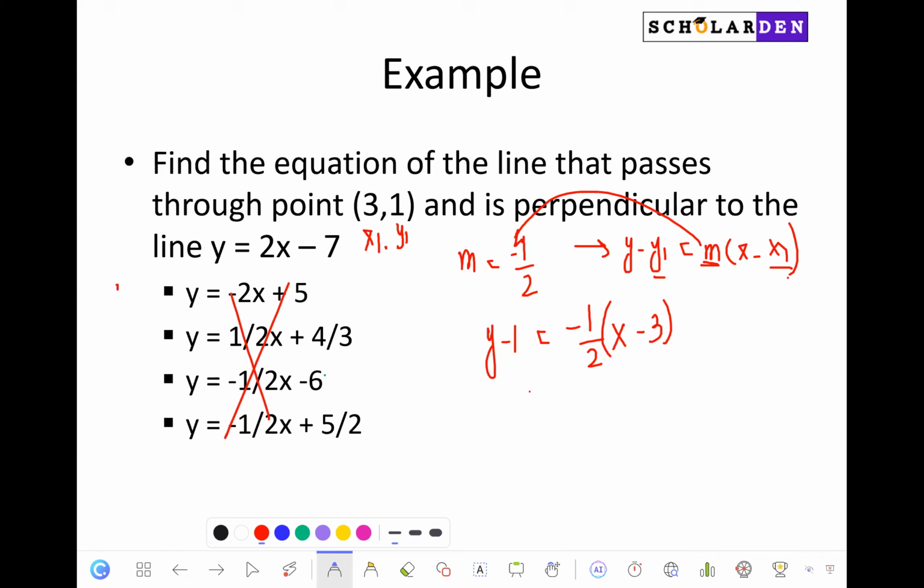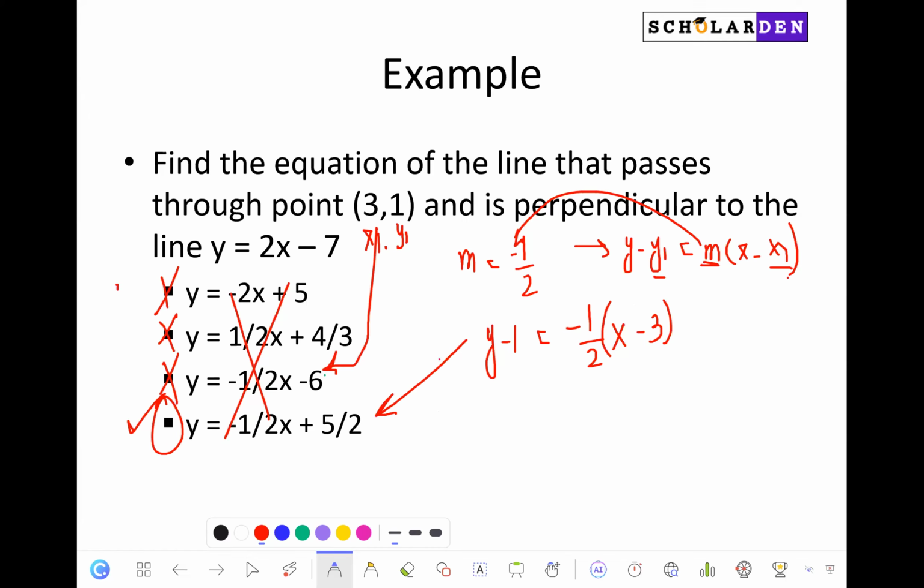And if you solve this, you're going to get this line, which was our answer. Again, why we didn't use this way is because we eliminated these two options first, and we substituted this point in this line, and we found out that this was also invalid. That leaves us with this option, and that is correct.